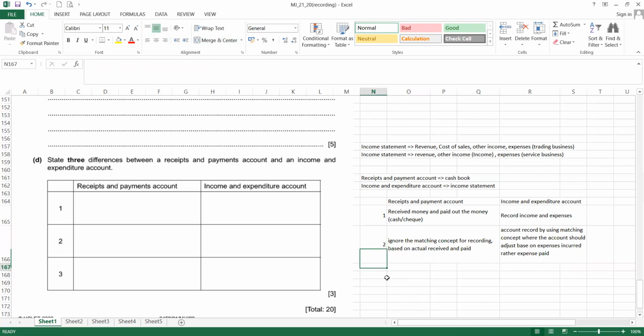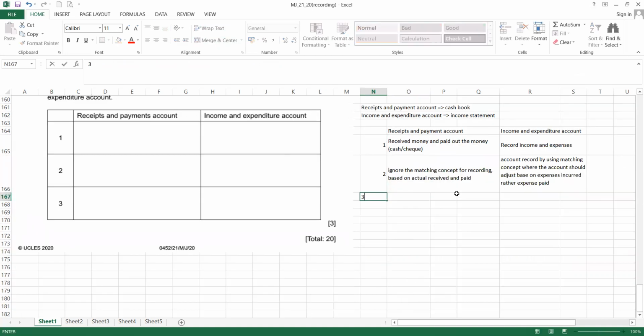Okay, number 3. What else can we think of? Included capital expenditure and capital receipt.